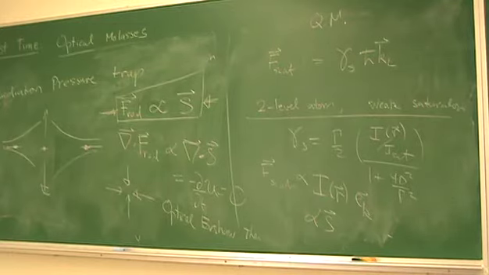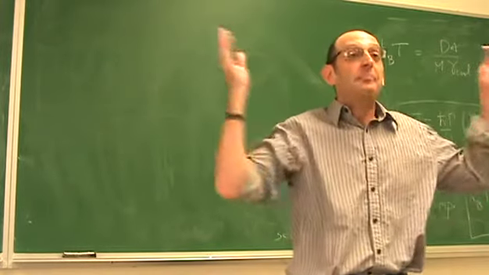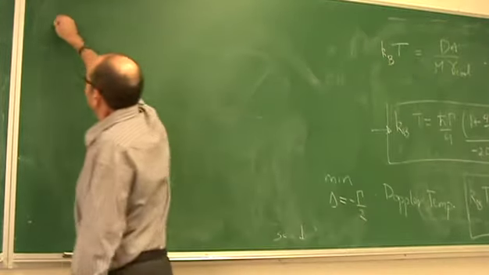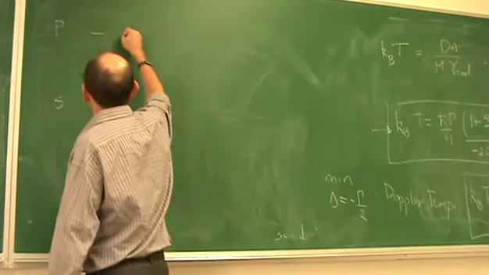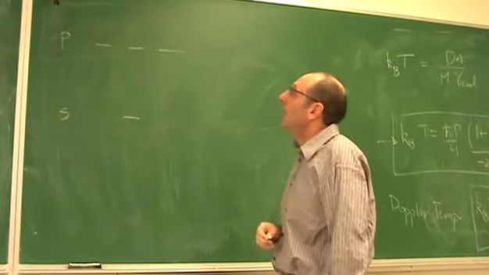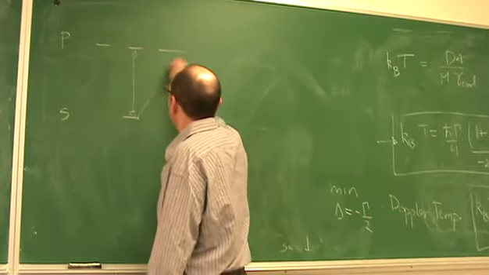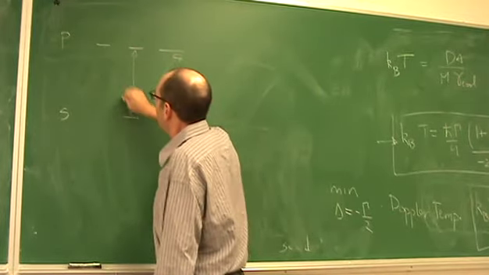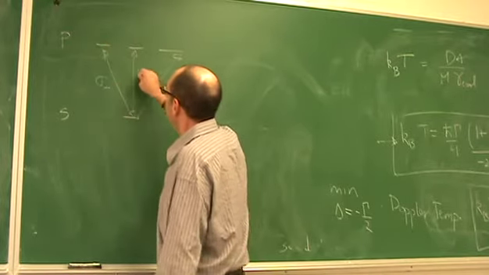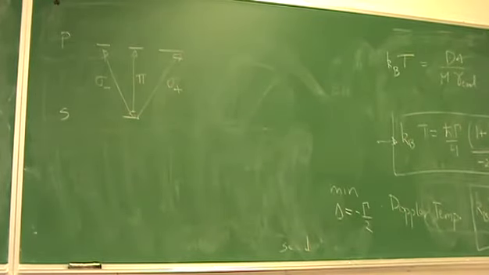The S state, I might forget about spin and just think about it as having one level, but the P state is going to have multiple levels. So let's look at the transition S to P. We have different absorptions depending on the polarization of the light and whether it has sigma plus, sigma minus, or pi relative to the quantization axis.